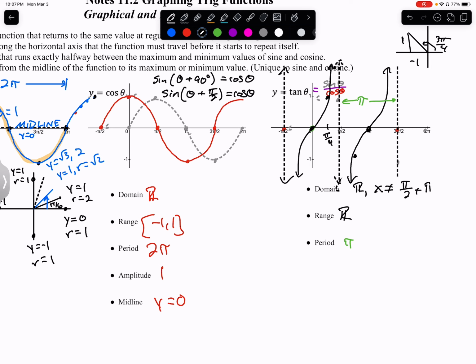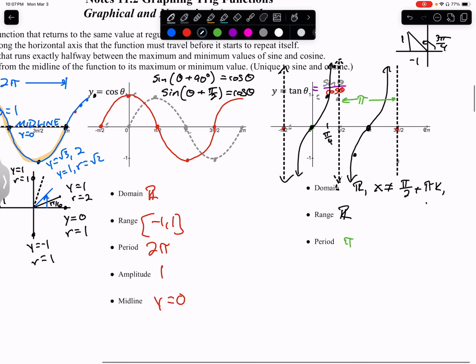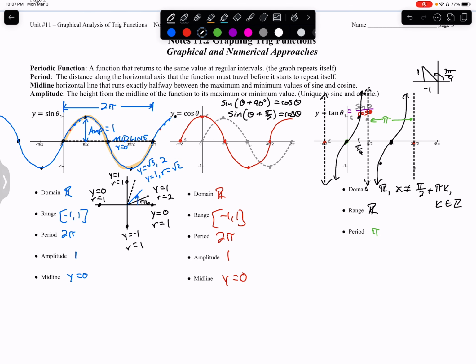They're pi apart. So we have to account for all of them. So we'll say pi times k, where k is an integer. So that is the domain for tangent. Notice I didn't ask for amplitude or midline for tangent because those are terms that are reserved exclusively for sine and cosine.